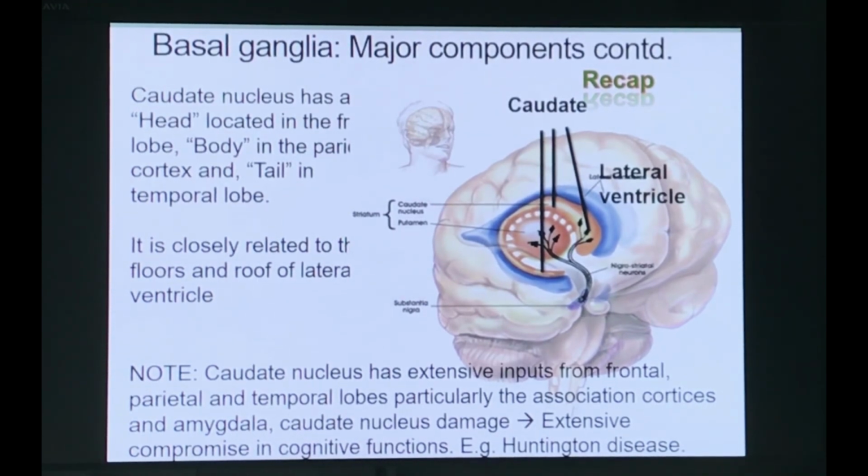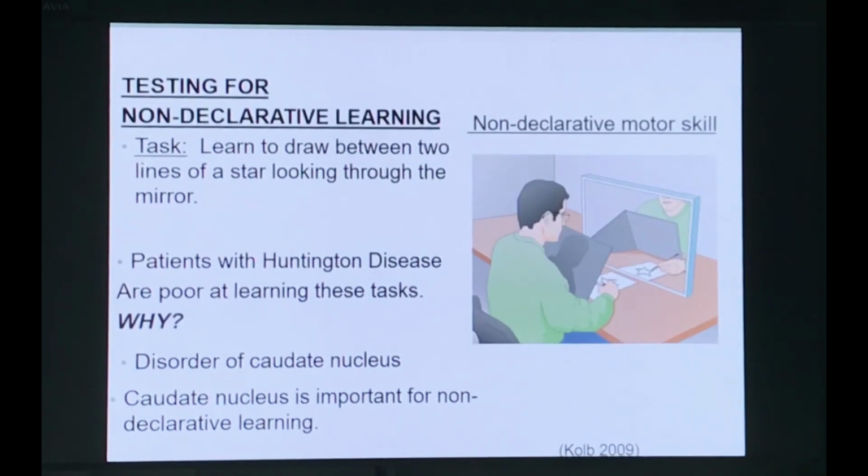When there is damage to the caudate nucleus in this disease, the patient will have extensive compromise in the cognitive function. That's why the patient presented with irrational behavior, and also had dementia, loss of memory. That's the long-term memory, mainly affecting the non-declarative type of memory.